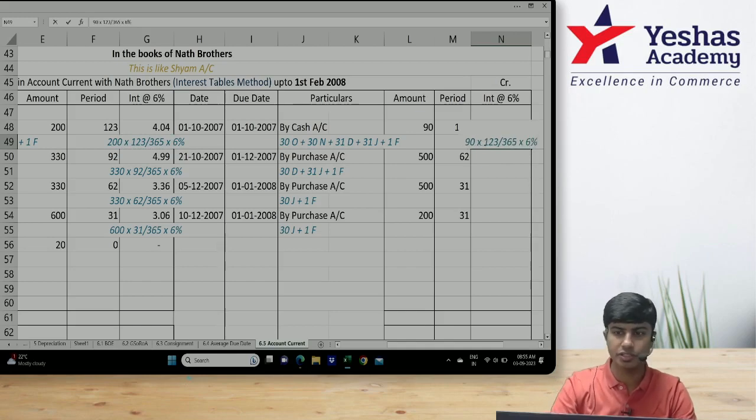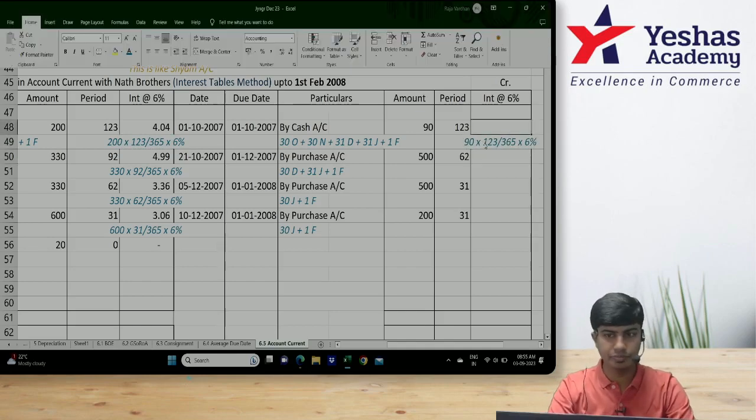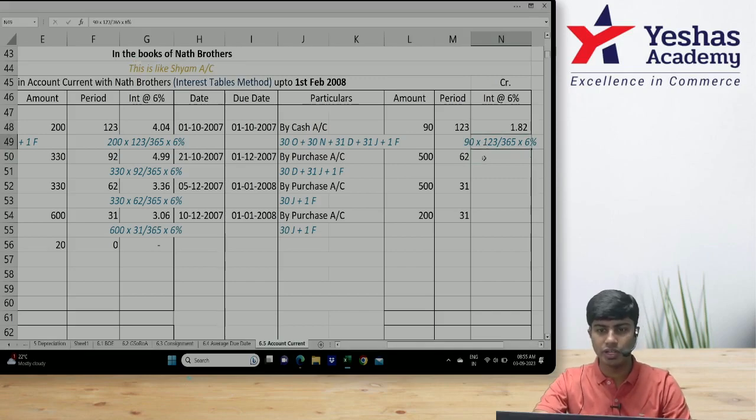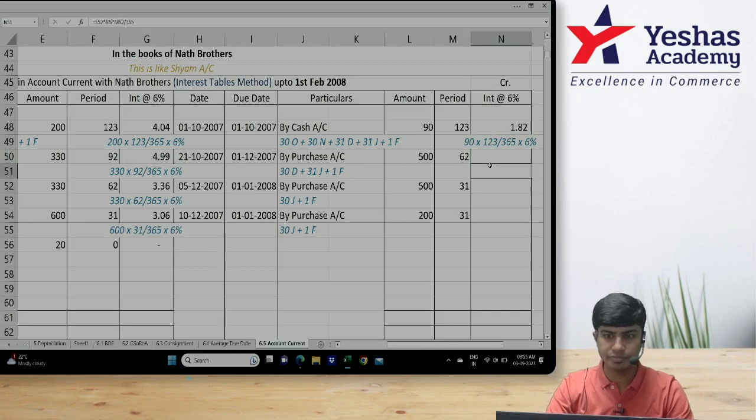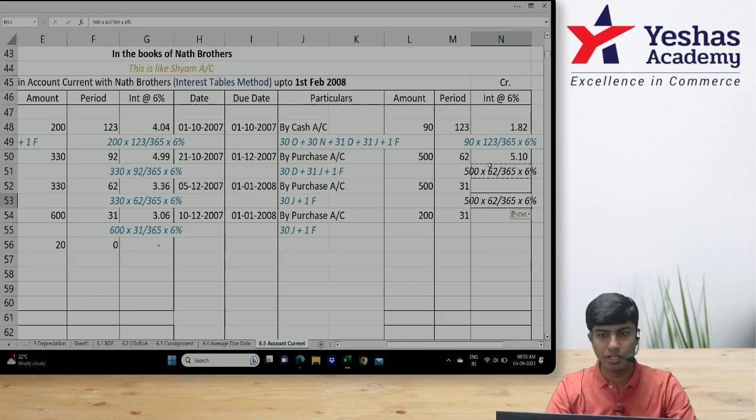365 into 6%, 1.82. Got it? And over here it will be 500 into 62 by 365 into 6%, 5.10. Correct? How about here?